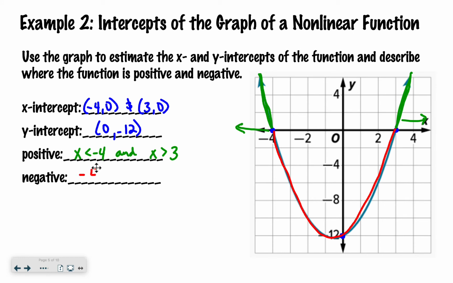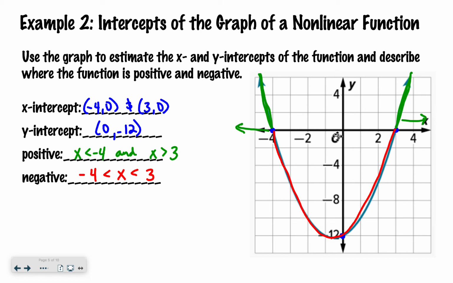And when that happens, what you can do is list your 2 values. Okay, they usually match your x-intercepts. You put your x in between, and then you go like that. So x is greater than -4, right? It's bigger than -4. And x is less than 3. And that's all I have to do.